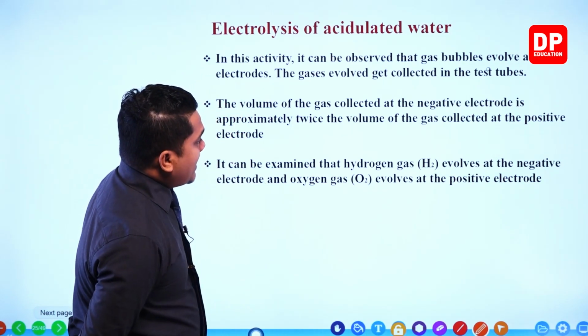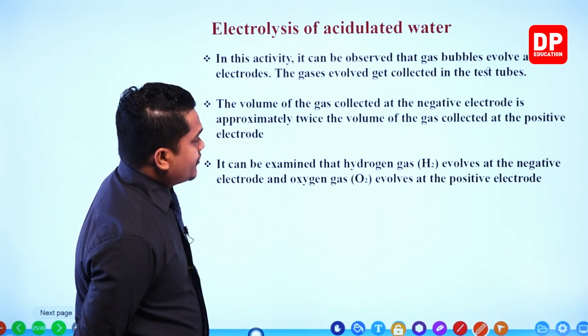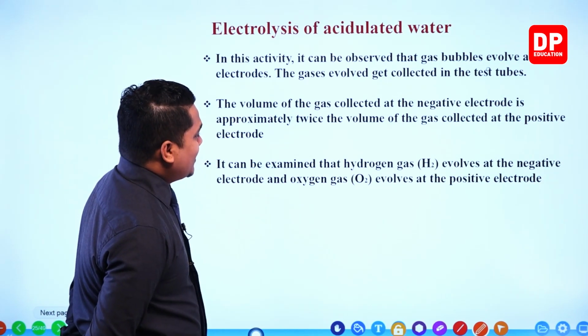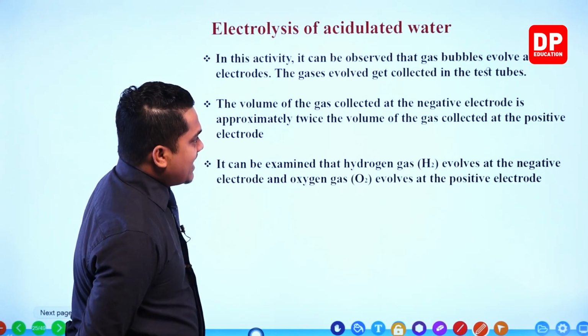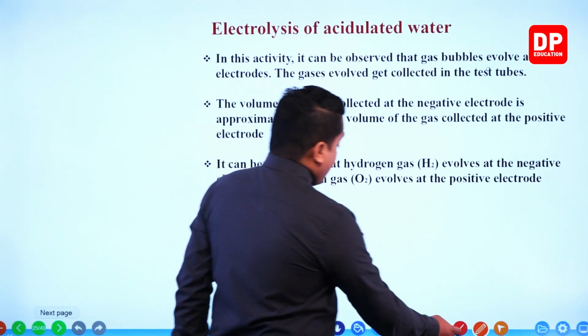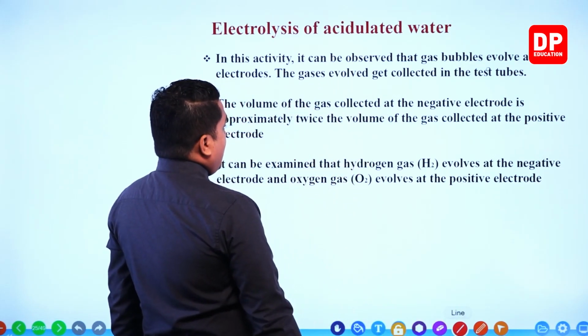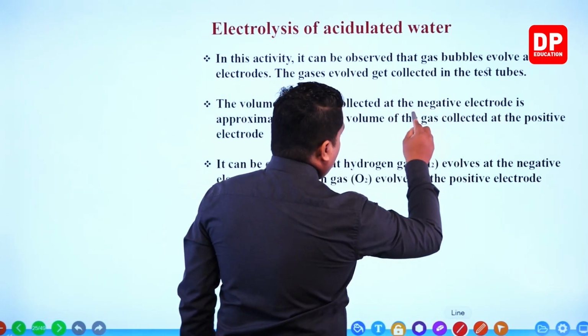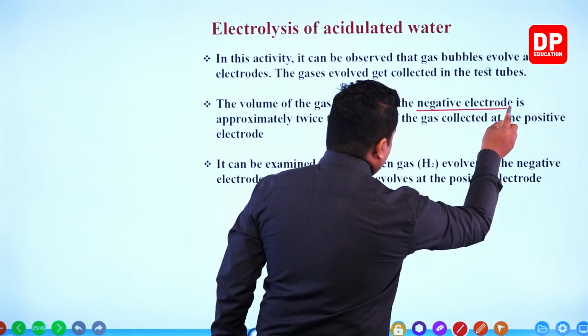The volume of gas collected at the negative electrode is approximately twice the volume of the gas collected at the positive electrode. Like I said, at the negative electrode means at the negative terminal.